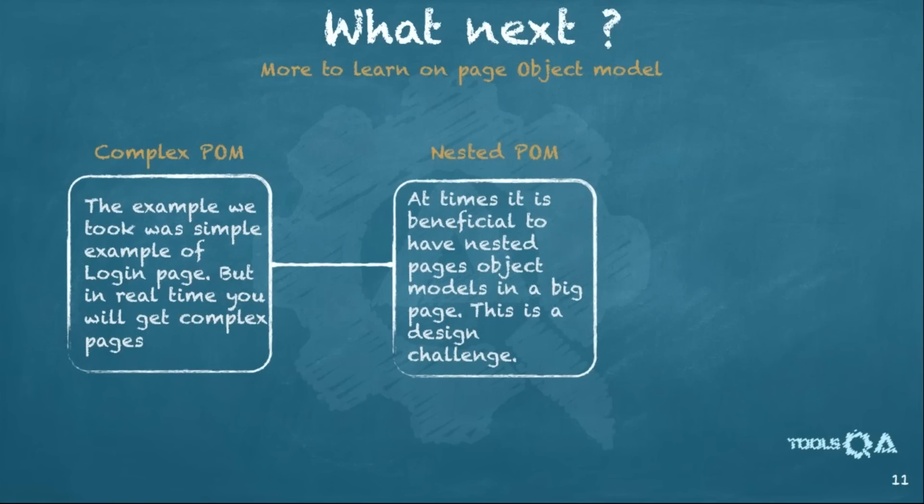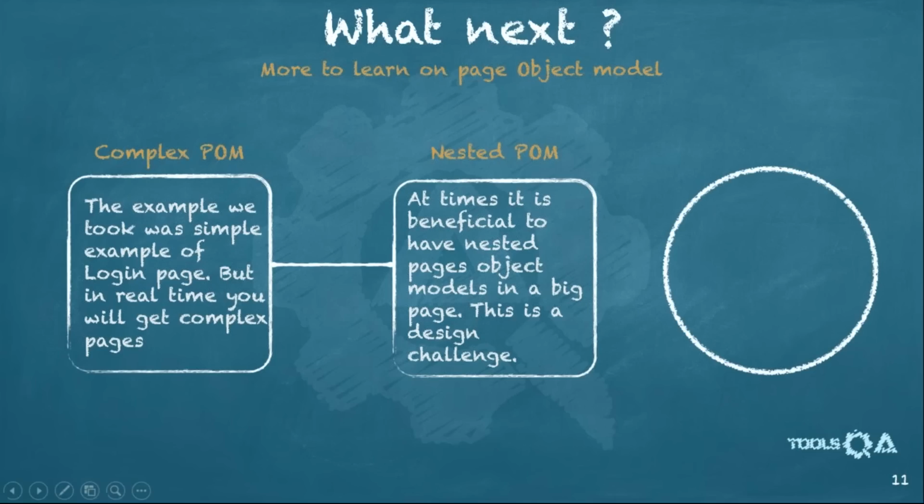Nested forms are basically, again, a form of inheritance where one class contains the other, and you can divide your complex page object into smaller modules, smaller page objects, and then you can contain all these smaller page objects into a bigger one to create the complete page. Now that is another concept that you would want to learn as you move forward so that you can become more proficient in your project.